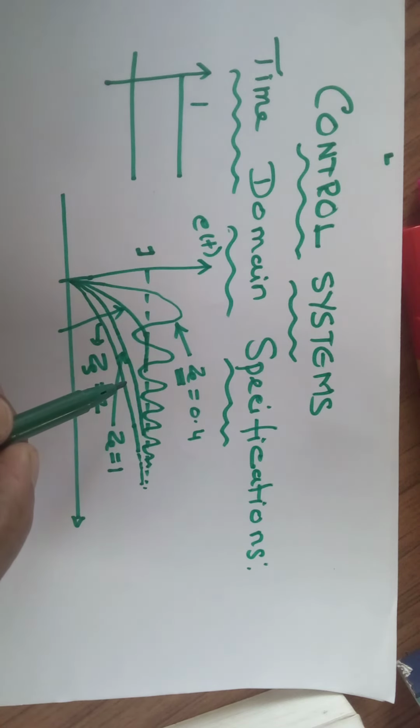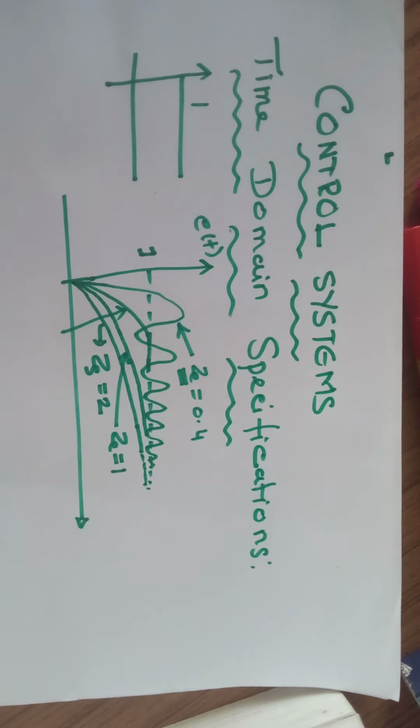The transient response of any control system exhibits damped oscillation before reaching its steady state. Understood? So the transient response plays a major role in characterizing a system. The transient response characteristics of a control system to a unit step input are specified using various terms.